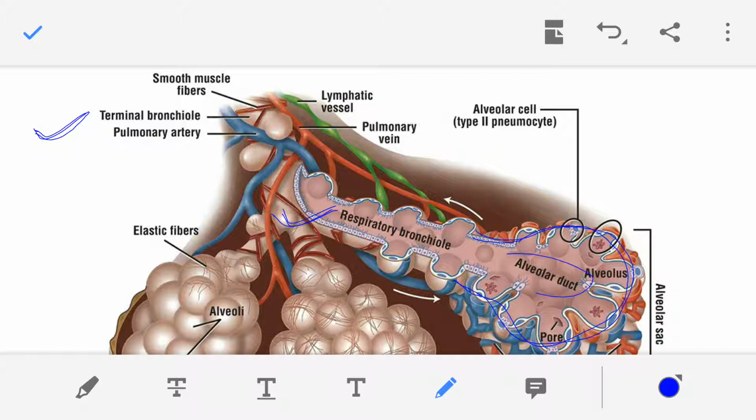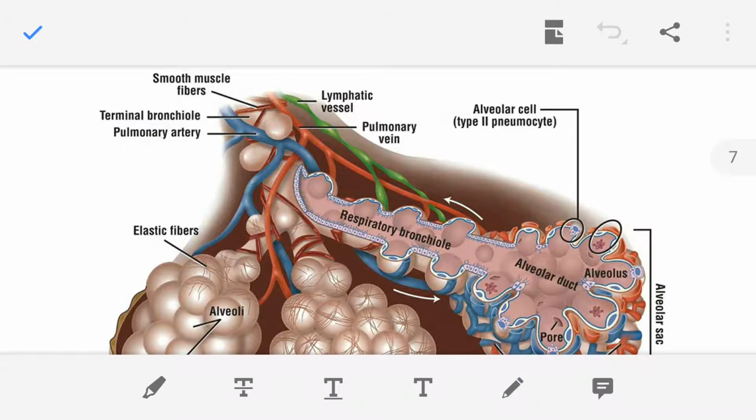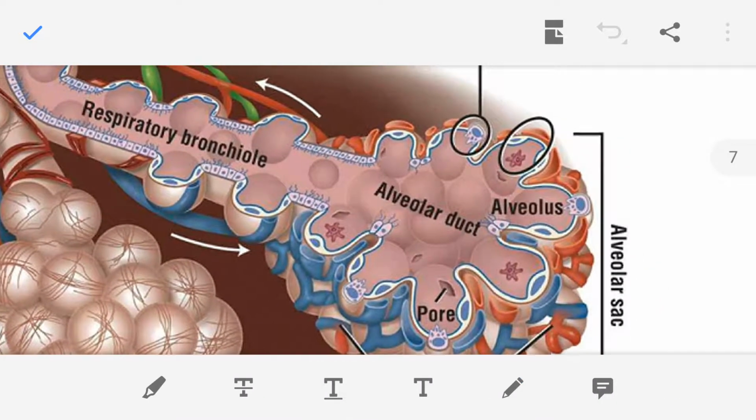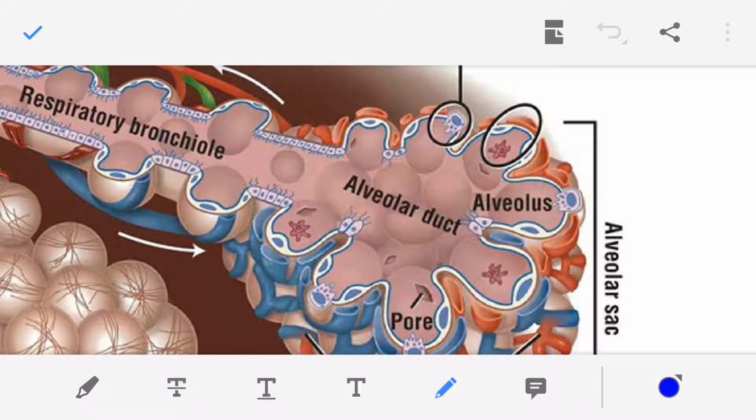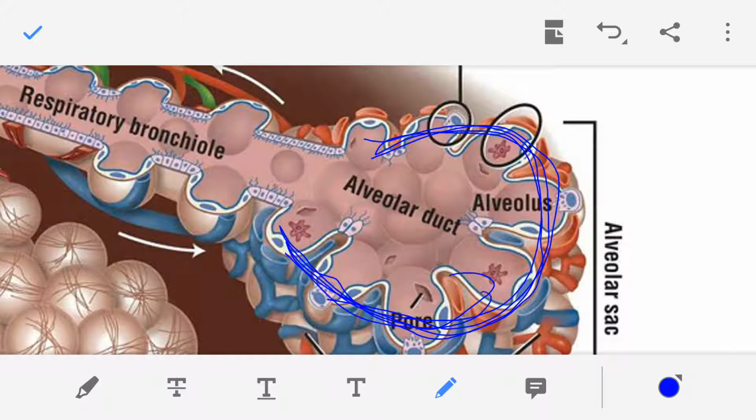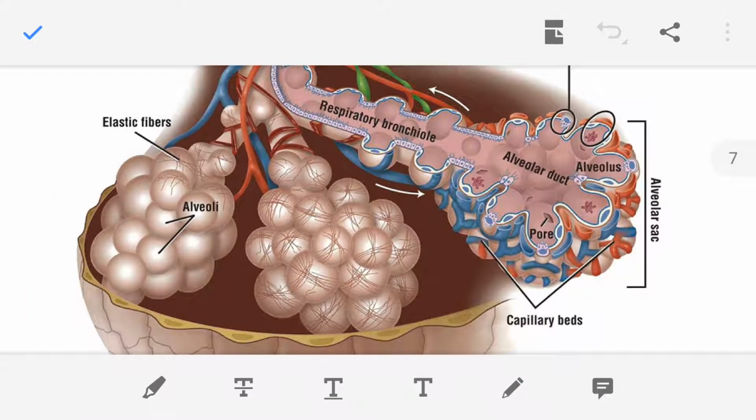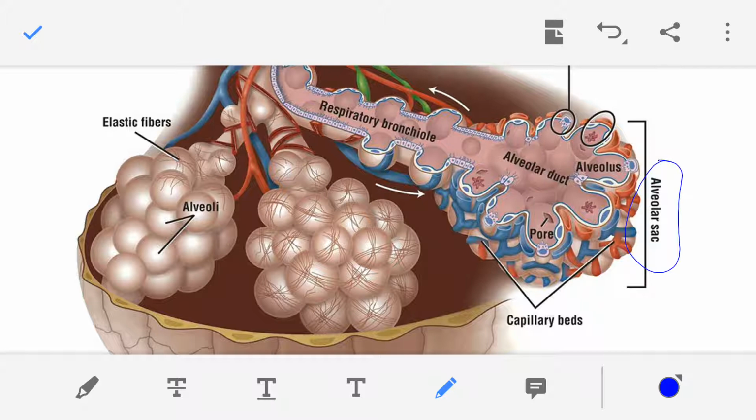This is the alveolar duct they are showing, and then this is the enlarged part, and this entire portion is known as the alveolar sac. And in the alveolar sac, you see these are all alveoli.